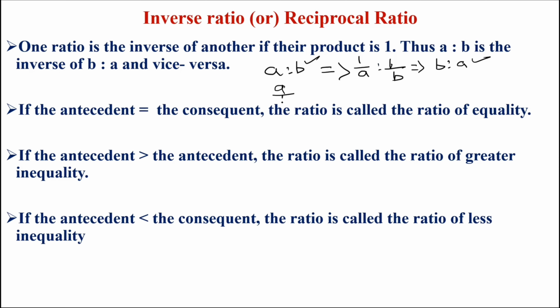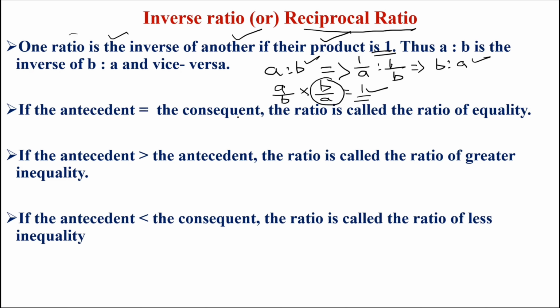Means if I multiply A/B by B/A, you will get 1. Means one ratio is the inverse of another if their product is 1. So the inverse ratio of A/B is B/A. Why? Because if you multiply by B/A, you will get 1.